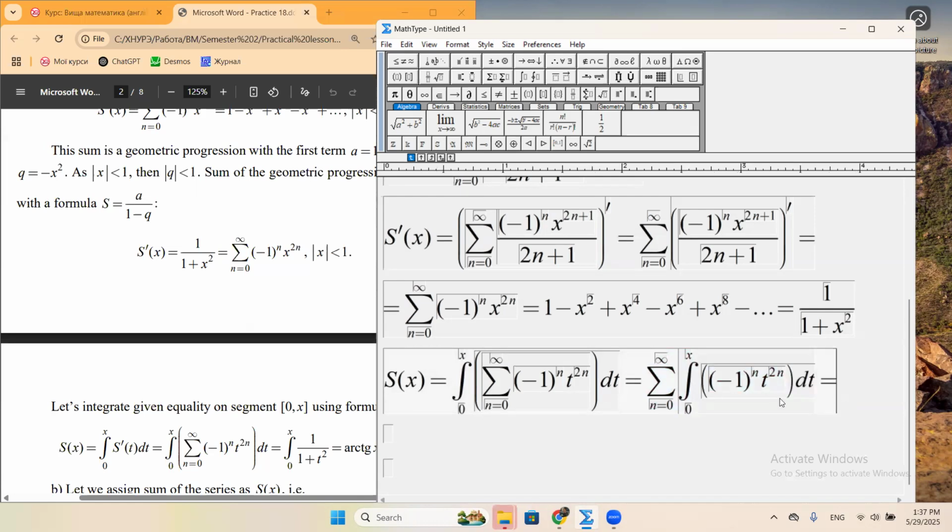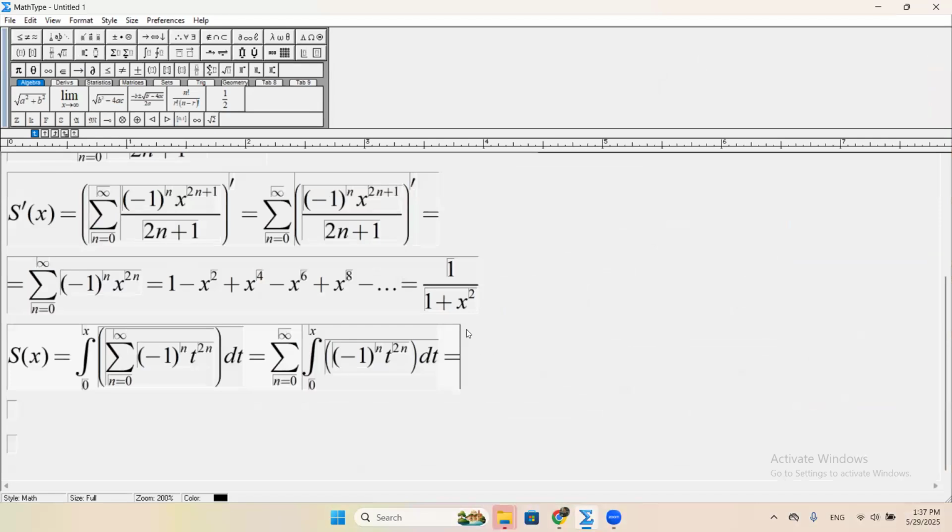But I can do it simpler. As we can see that it is a geometrical series, I will do just the following. From 0 to x, I integrate this expression: 1 plus t squared, so 1 over 1 plus t squared.